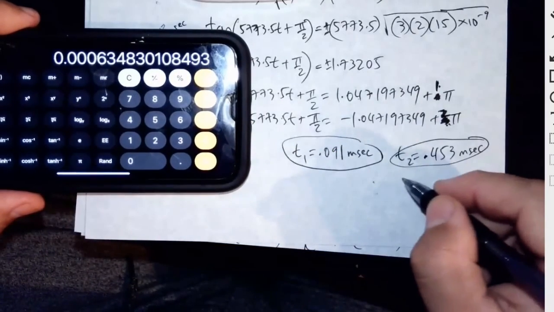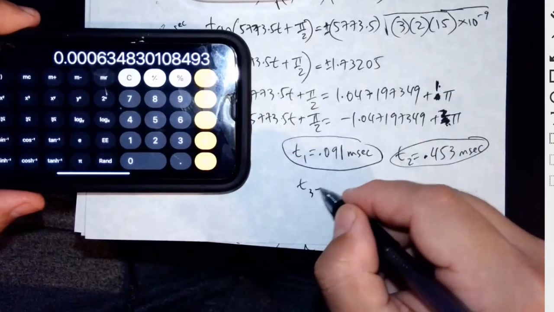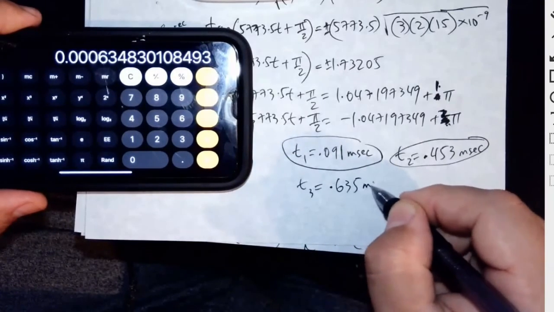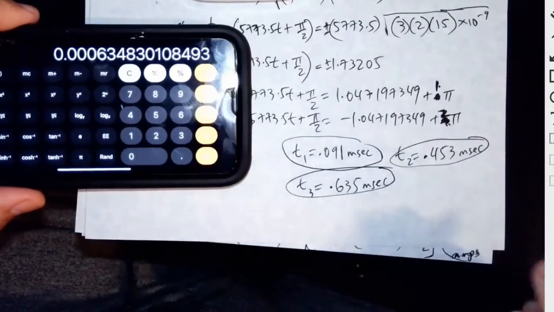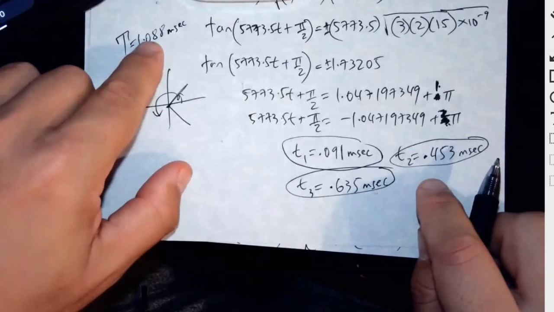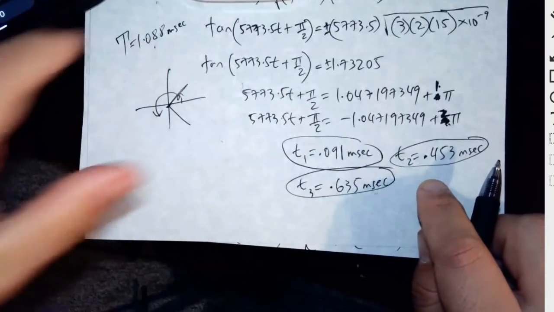Okay, then the third time is going to be 0.635 milliseconds. Yeah, there should be 4 answers. So one more answer, and then it'll be close to the period.